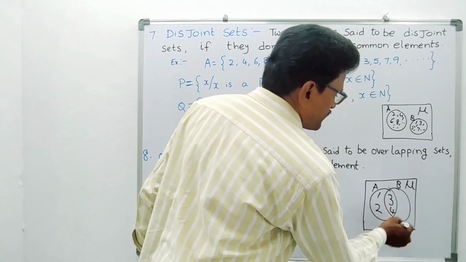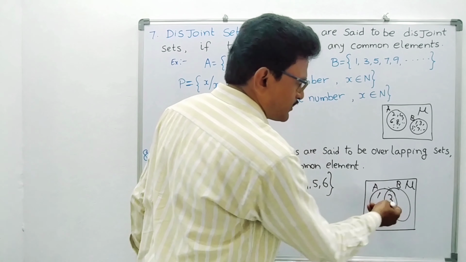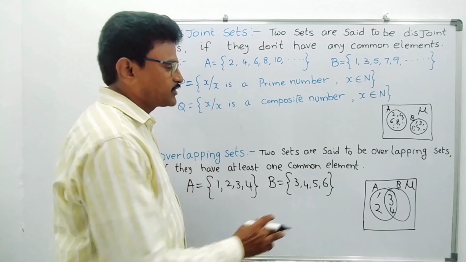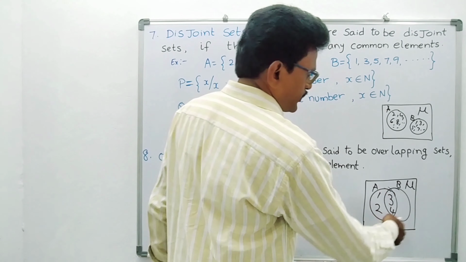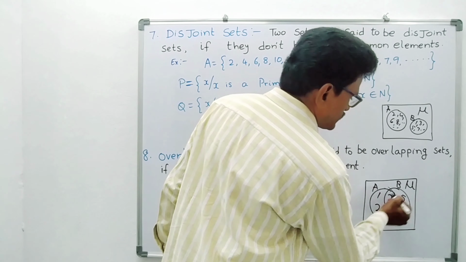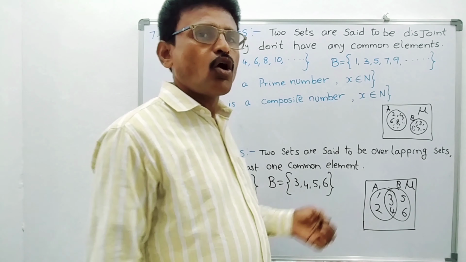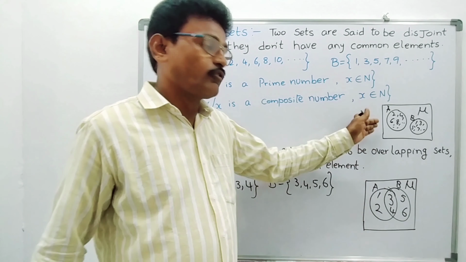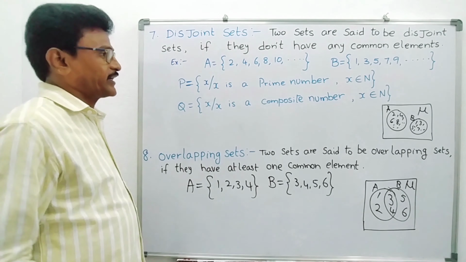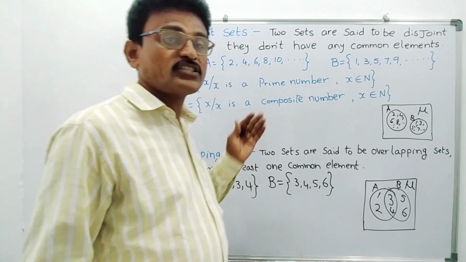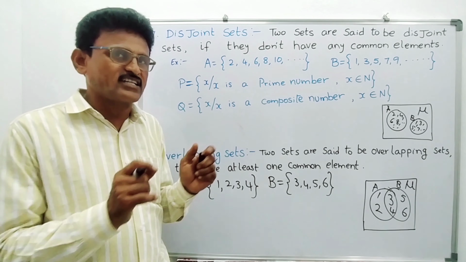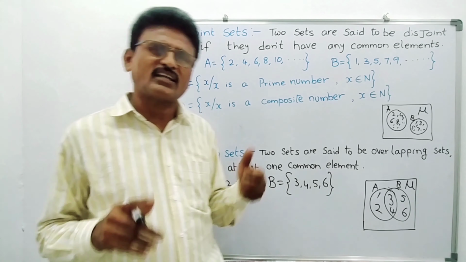Observe here: 1, 2, 3, 4 are elements of set A. Now what are the elements of set B? 3, 4, 5, 6. Already 3, 4 are there. Now write simply 5 and 6. See, set B is 3, 4, 5, 6. These are overlapping sets. So these are Venn diagrams. In a separate video, I will explain in detail. Okay, the Venn diagrams. Now disjoint sets means there is no common element in the sets. Overlapping sets means the sets have at least one element in common. Okay, at least one element.